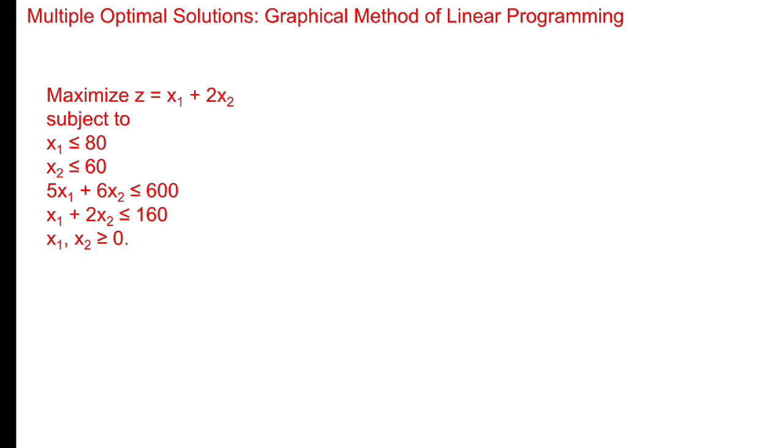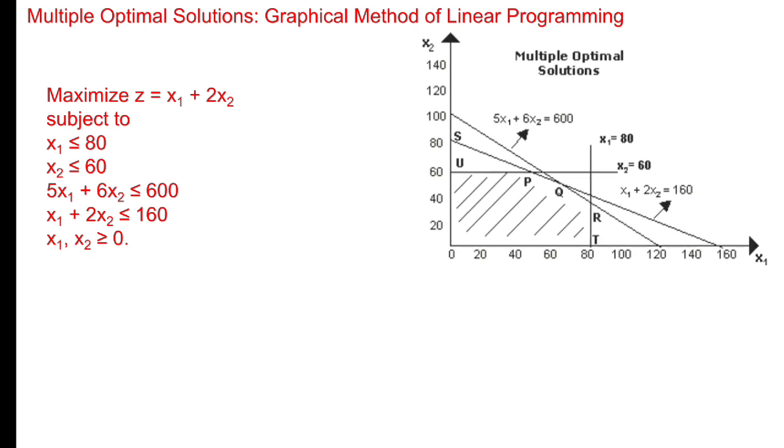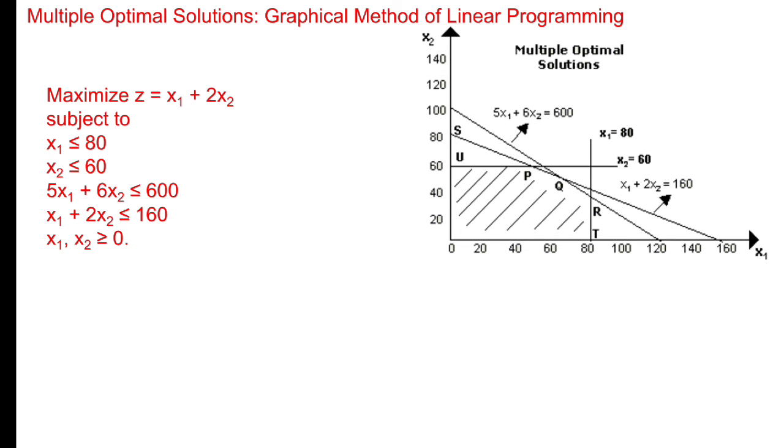Now, another method: multiple optimal solutions. Here you see many constraints are given, so how do we find the solution? That is what we are going to use. First, x1 less than or equal to 80, so x1 equal to 80, we put a vertical line parallel to the y-axis. x2 less than or equal to 60 is parallel to the x-axis, so we write x2 equal to 60.